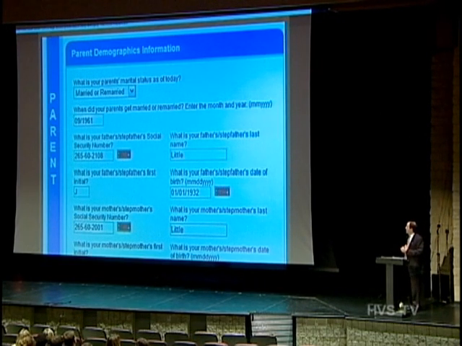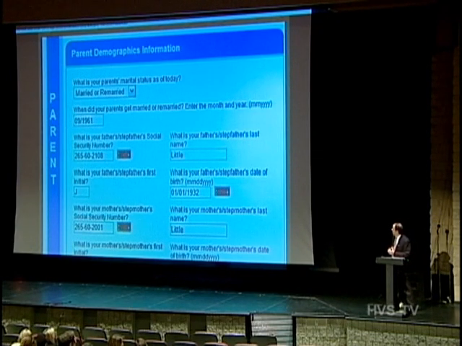Next question, they want to know, what is my father or stepfather's social security number, last name, first initial, and date of birth. And then the next set of 4 questions are the same thing, but they apply to the mother or stepmother. If we have a situation where brother and sister live with biological mom, and she's not remarried, we're going to leave the father/stepfather's information blank.